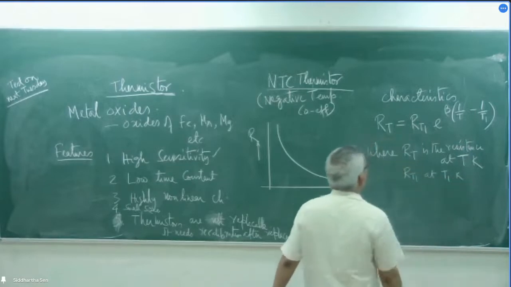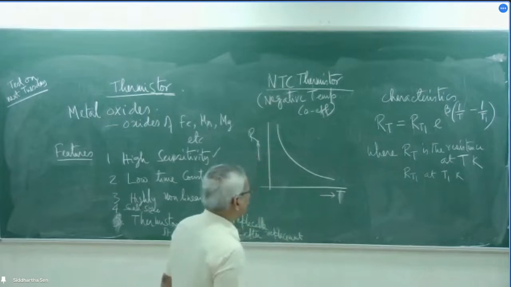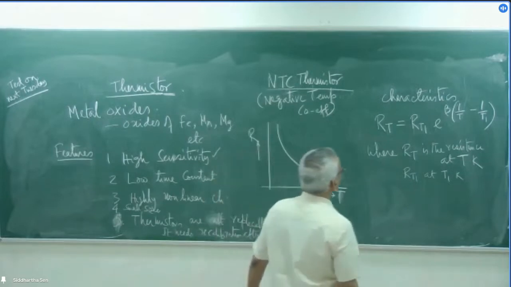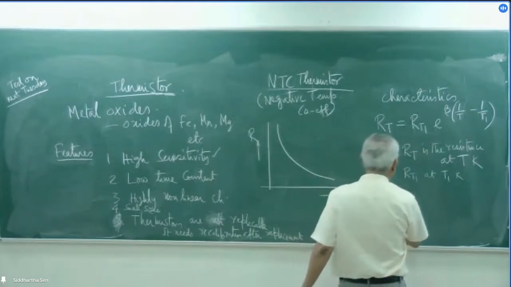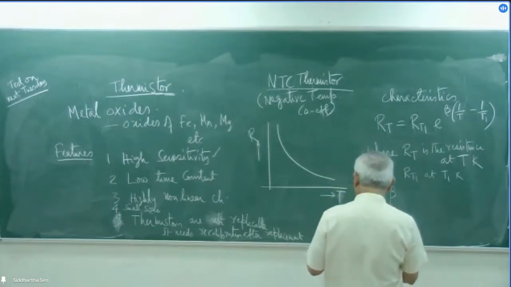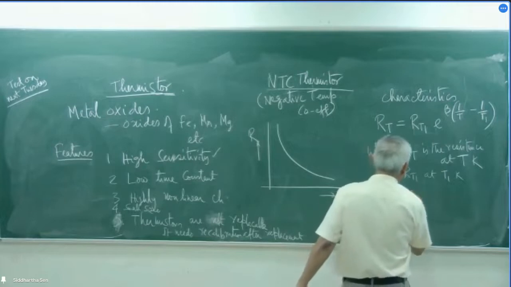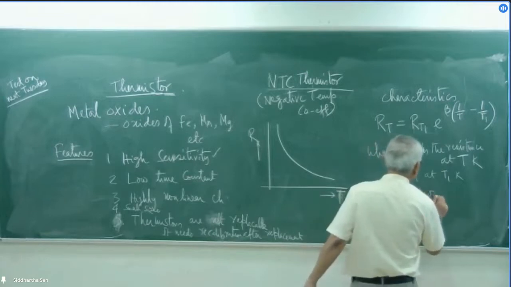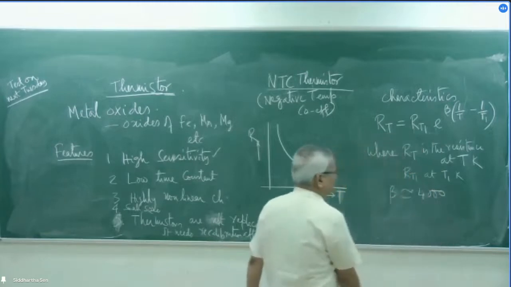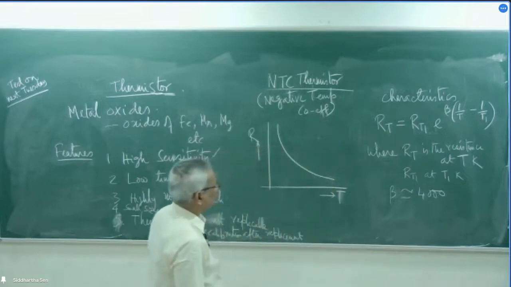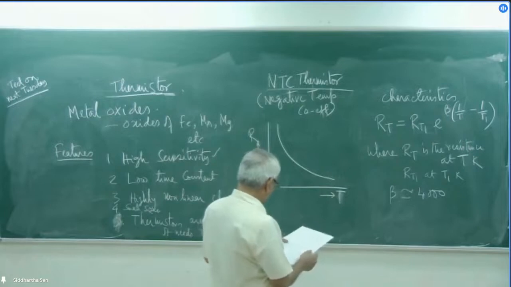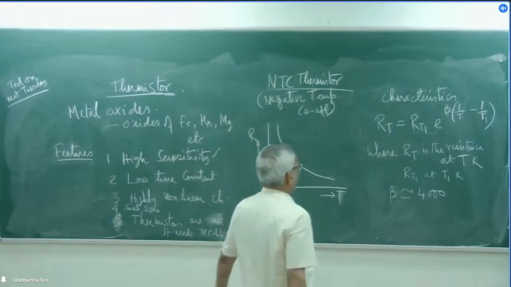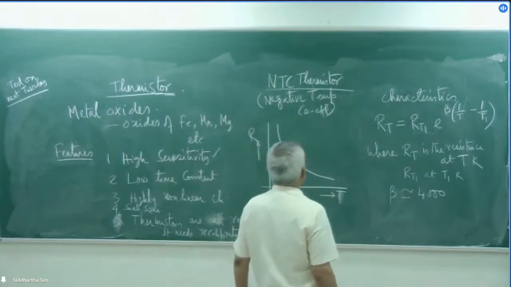So if T1 is known and RT1 is known, then RT is given by this, and the beta value we can find out, but approximately the beta value is around 4000.